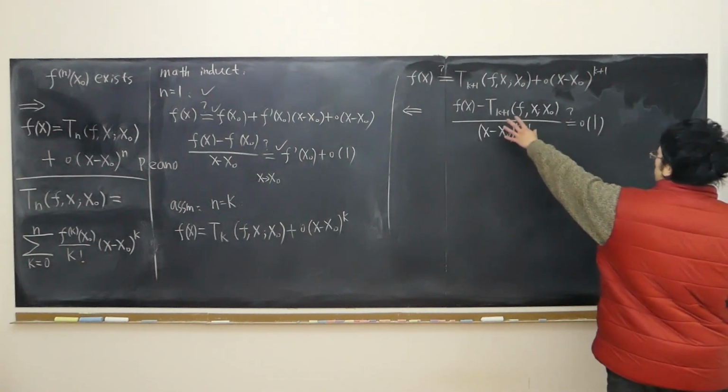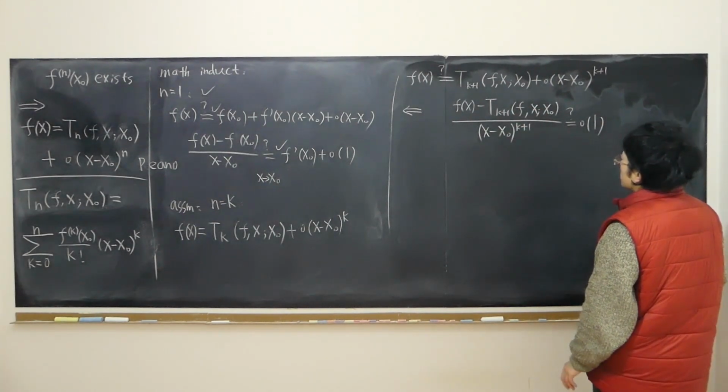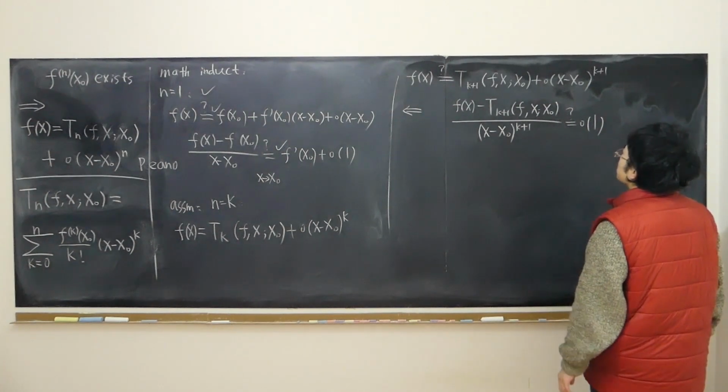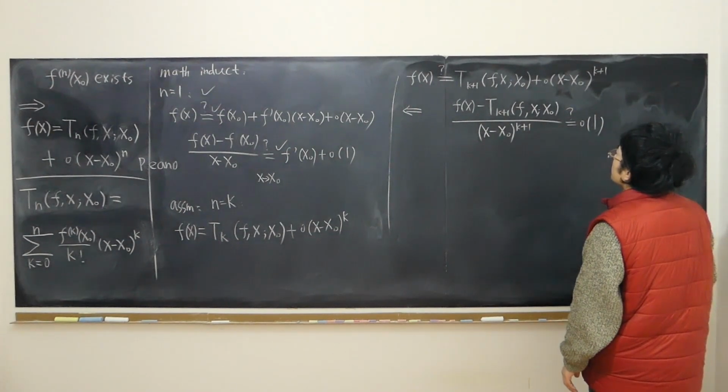So in other words, is this quantity infinitely small as x approaches x0? So let's look at T sub k plus 1.